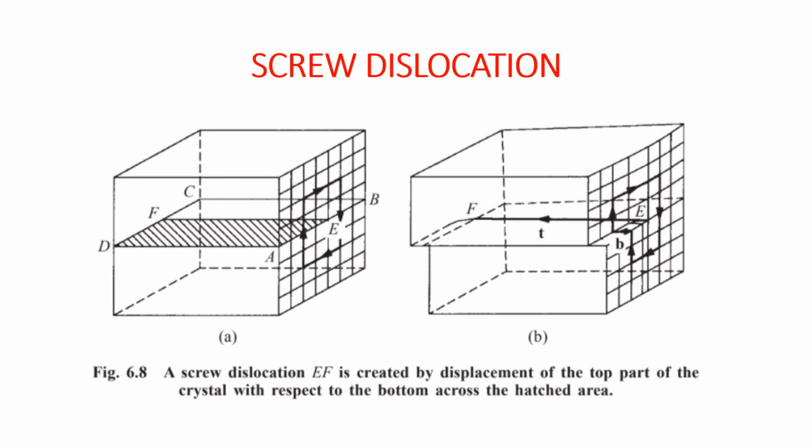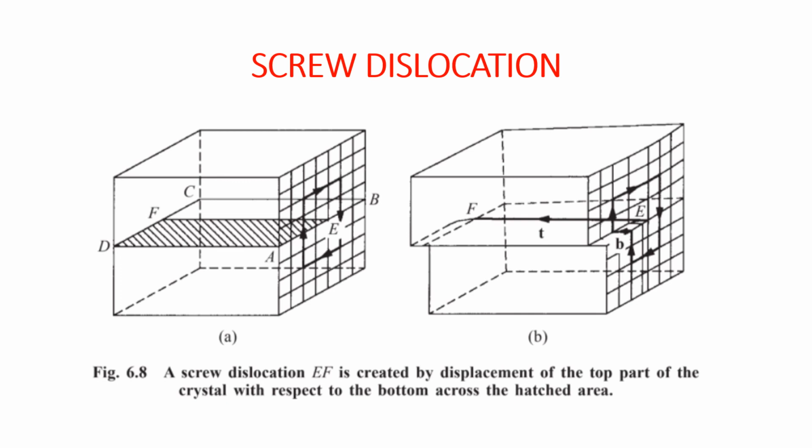So in the case of edge dislocation, this slip plane is moved towards the unslipped part. But in a screw dislocation, this slip plane AEFD moves towards the left. In this particular case, it is moved towards the left.